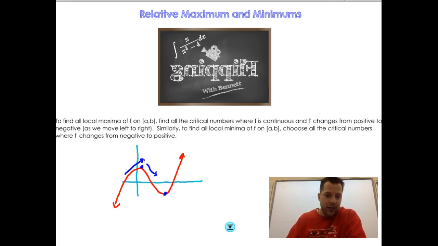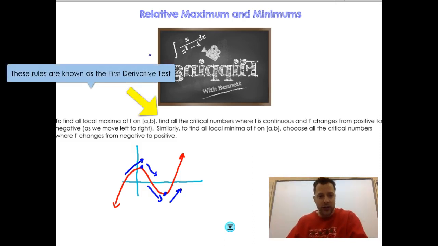So a positive slope to a negative slope would ensure a local max, as we move left to right. And vice versa, if you're looking at a local minimum, on a continuous function f, if you go from a negative f prime to a positive f prime, you're going to find that you have a local min.